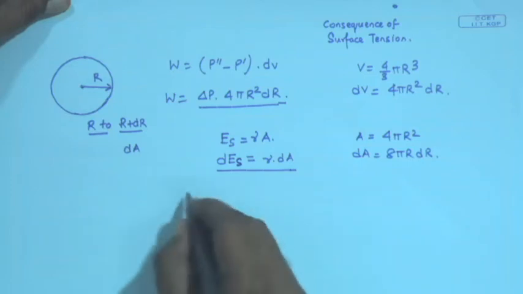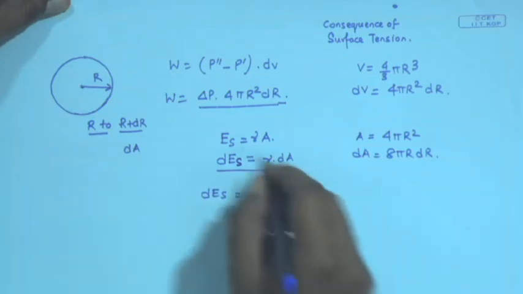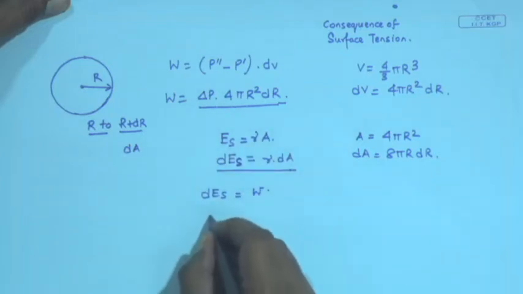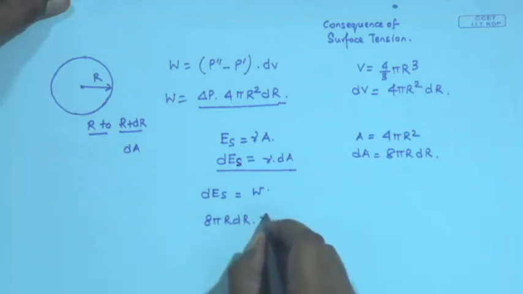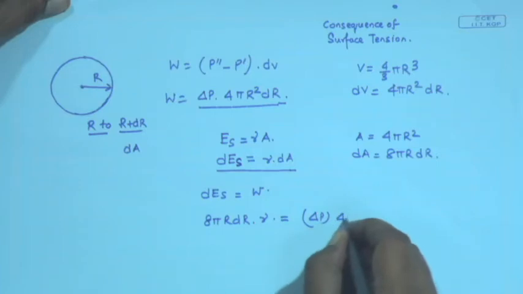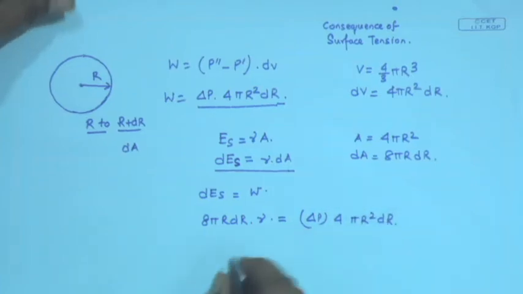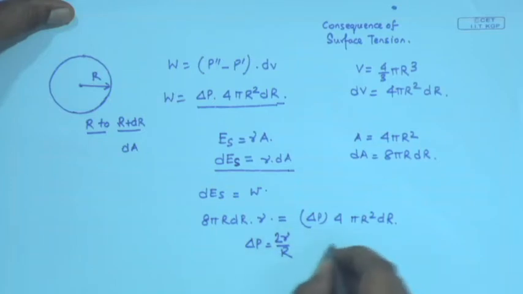So, we equate dES as equal to the W, what you have got, and what we get is 8 pi r dr into gamma is equal to delta P into 4 pi r square dr, or one gets delta P is 2 by r into gamma.